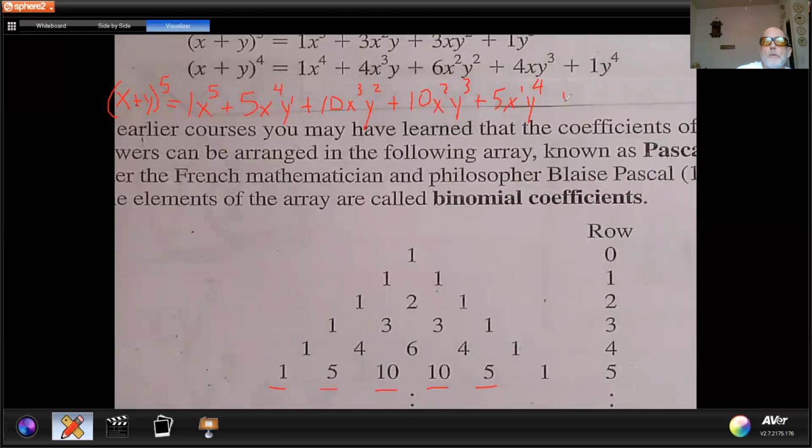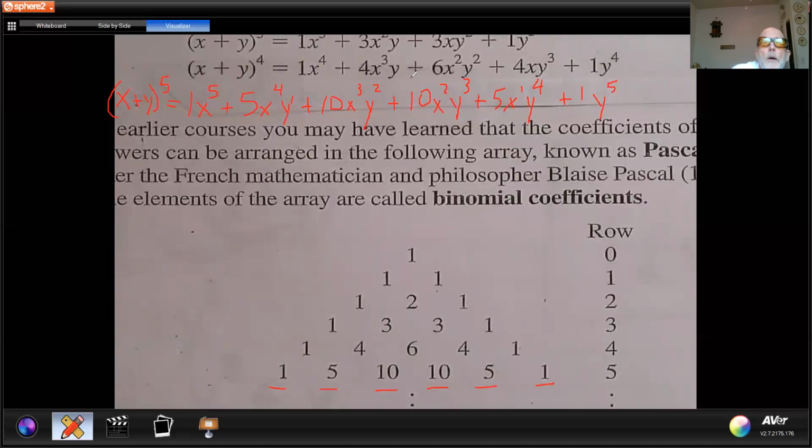And then the last one, of course, is 1. It starts with 1 and it ends with 1. And this would be y5. So the one at the beginning, x5, has no y's at all. That's y0. But then the next one has x4, y1, x3, y2. So we know what the numbers are, and now we know how to make the letters. Aha!